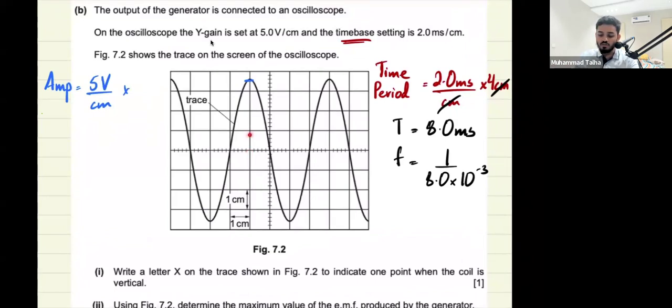Here I see 1, 2, 3.5, so 3.5 centimeters. Again, you see these canceling out, and the amplitude is whatever this turns out to be. All right, so this is how you should aim to work with oscilloscopes.